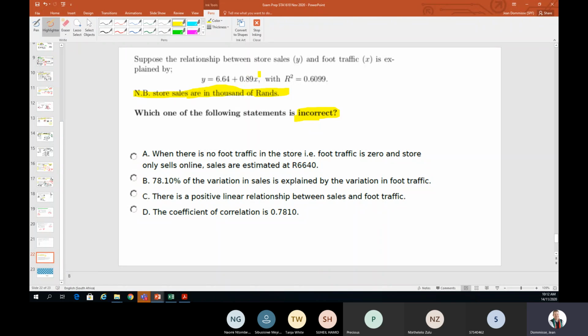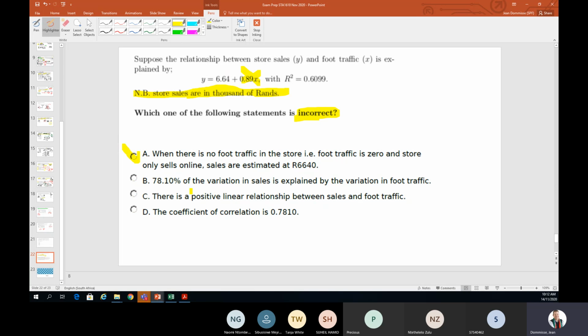So if X is 0, your sales will be 6.64, but remember it is in thousands. So you need to multiply by 1,000 because it's thousands of rand. So option 1 is correct.